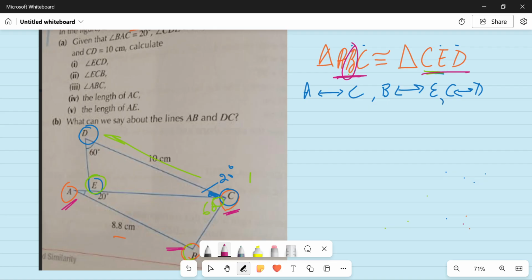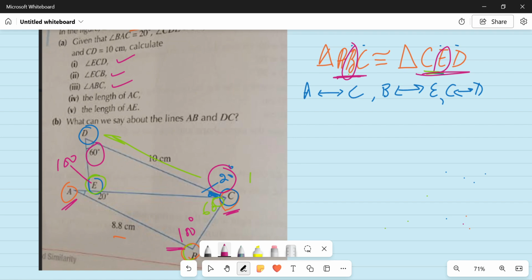And here CED, E is the center one. So what is the measurement of E here? 60 plus 20 gives you 80, so the measurement of E is 100 degrees, right? If E is 100 degrees, then B is also 100 degrees. So the third one is 100 degrees.